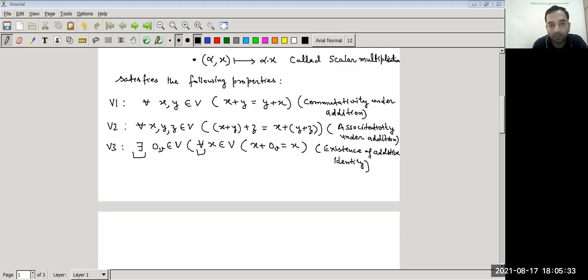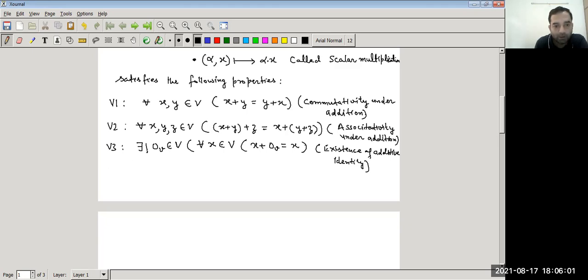The unique, this we can also write as there exists unique. This is a symbol for uniqueness. So we will discuss the uniqueness later on.